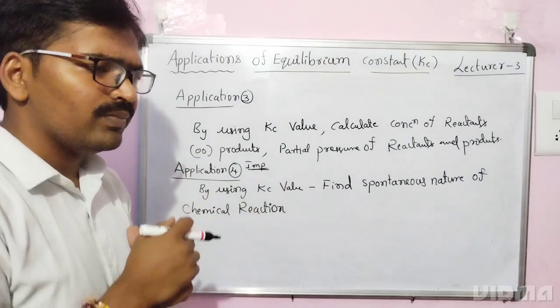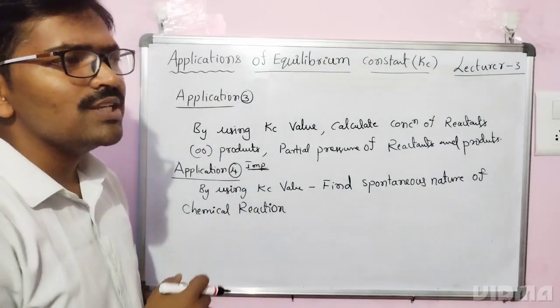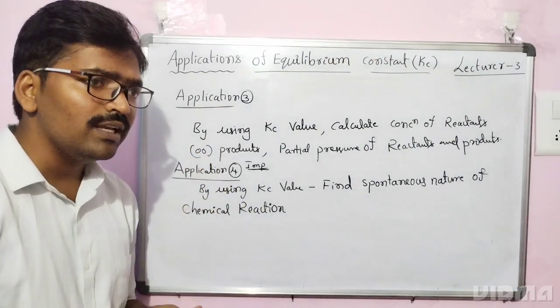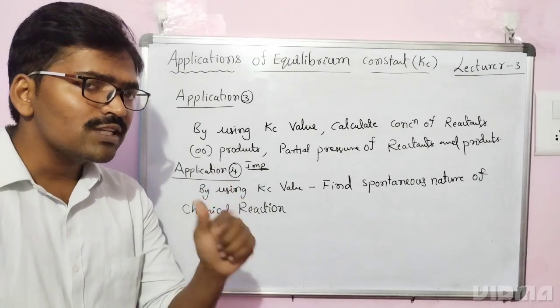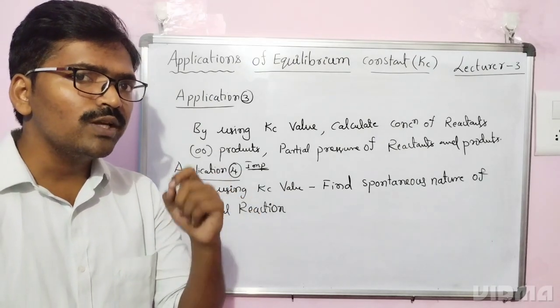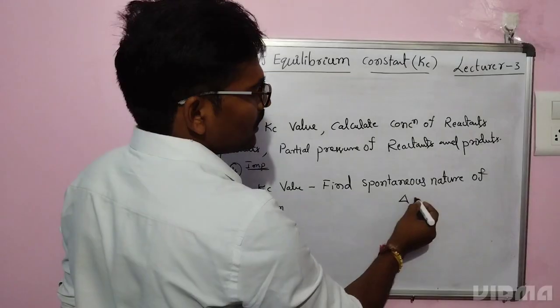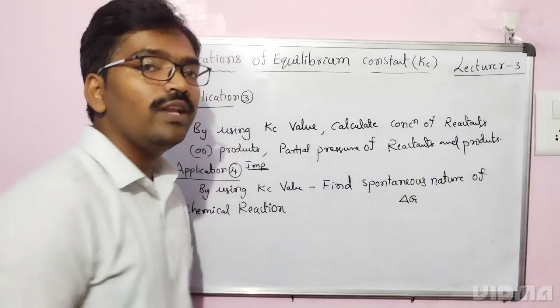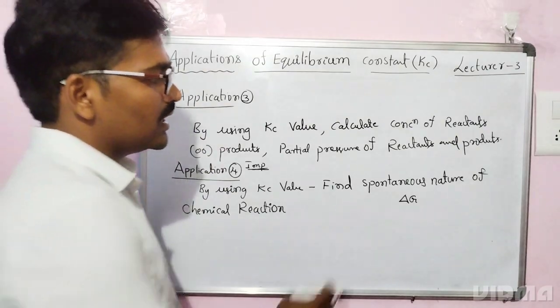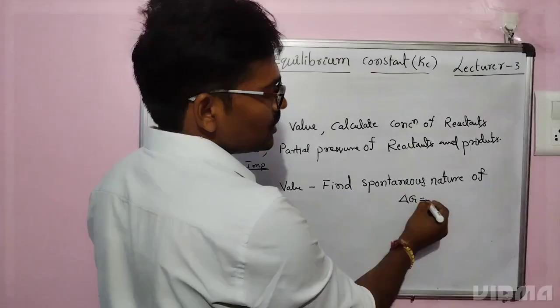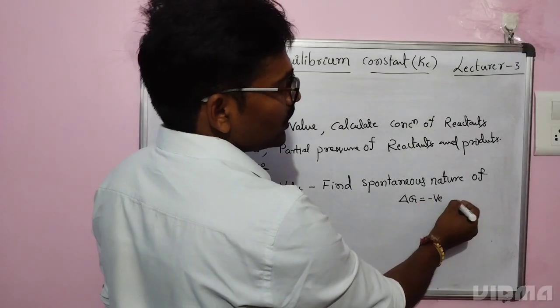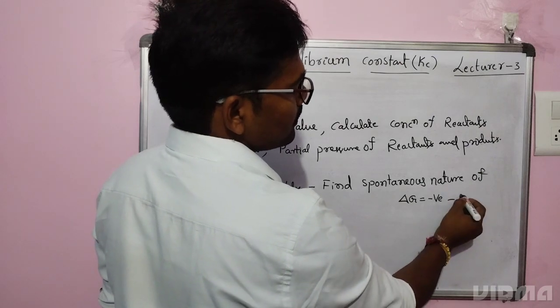By using the Kc value. Here, there is a relation with delta G. Actually, we can say whether a reaction is spontaneous or non-spontaneous by using the delta G value. Delta G is nothing but the Gibbs free energy change. If you get a negative Gibbs free energy change, we call it spontaneous. 100% when the delta G value is negative, it is spontaneous.